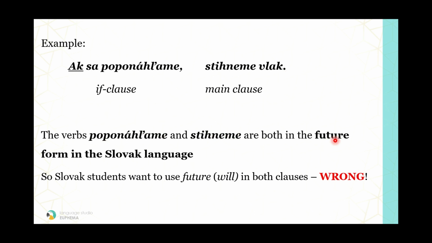That's why when you are thinking how to translate this first conditional, you naturally put there will, because in Slovak we do it. So many Slovak students want to use this future, this word will, in both clauses. But unfortunately, in English, this is wrong.